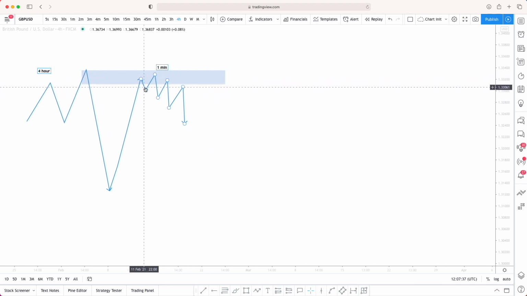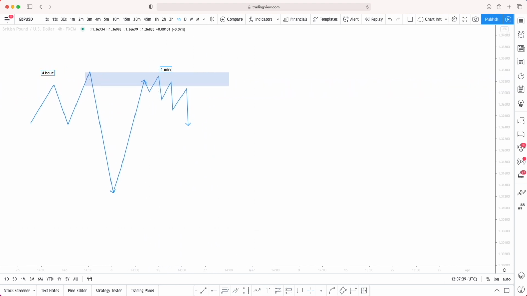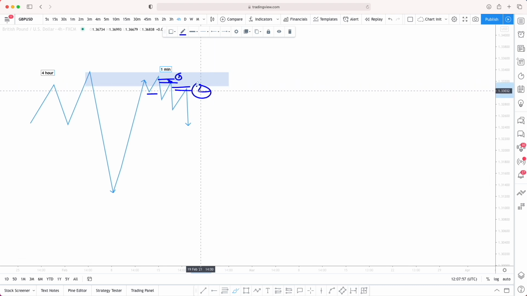We wait for that shift in market structure. On the lower time frame, we need a break of structure and an impulse with a successful retrace. Same thing, this is going to be entry number one, and that's going to be entry number two. That is still the safer entry regardless, so it gives you a higher probability.